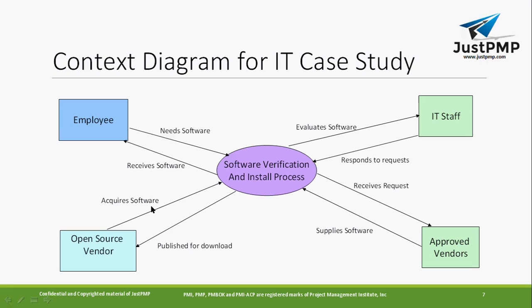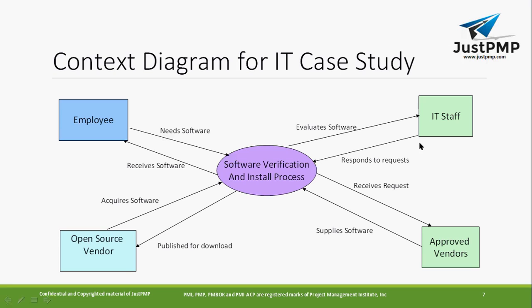Let's take an example. An employee requests software, then it is checked whether the software is available or not. That will be checked with the open source vendor. If it is open source, they will provide it and publish it to download. But if you want it approved from an approved vendor, you purchase from there and receive it.